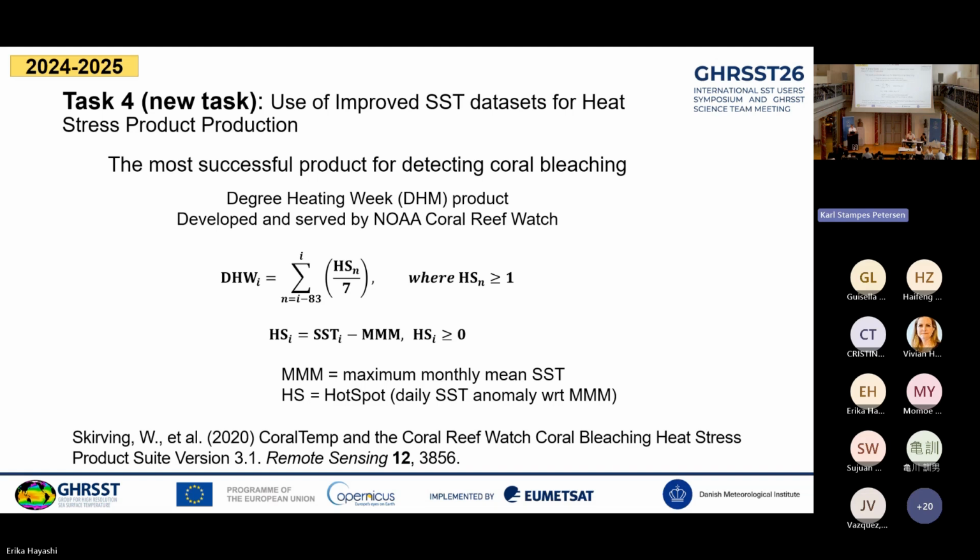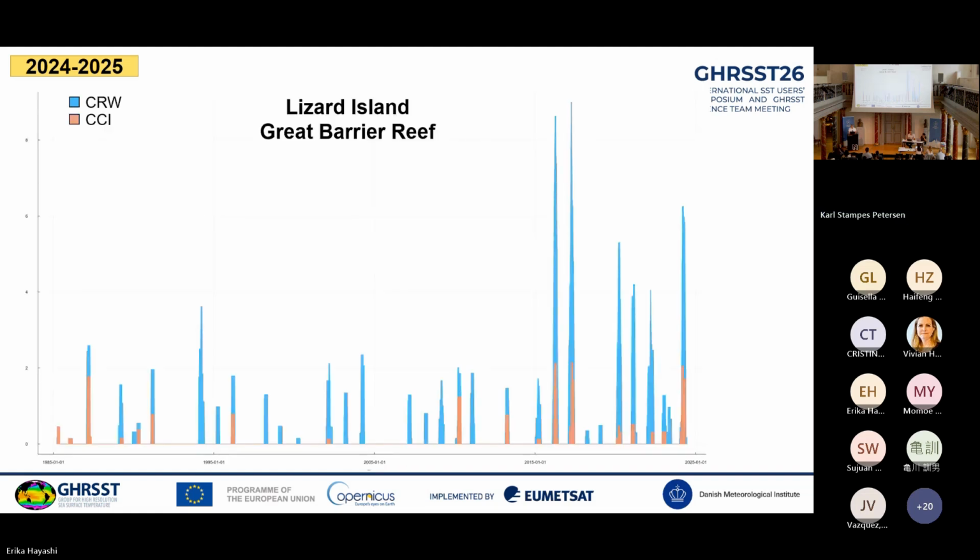But it's basically: find a threshold, derive a daily anomaly, and if we apply this to Lizard Island on the Great Barrier Reef, what we get is the usual result, where CCI is much lower than the Coral Reef Watch product.